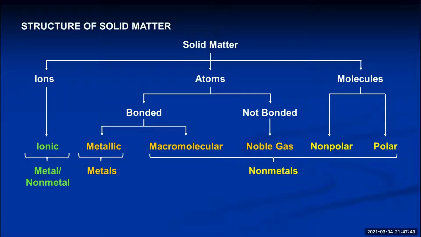So we talked about how yesterday, all ionic crystals like salt or magnesium bromide or calcium sulfate have really high melting points. You have to heat them to 800 degrees before you can break the ions apart from each other and allow them to roll around and be a liquid. So that was ionic matter.